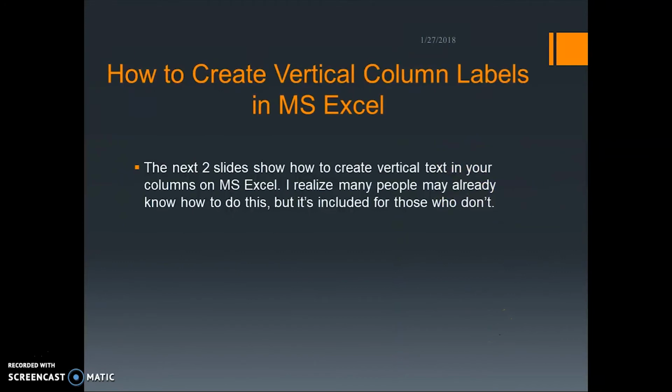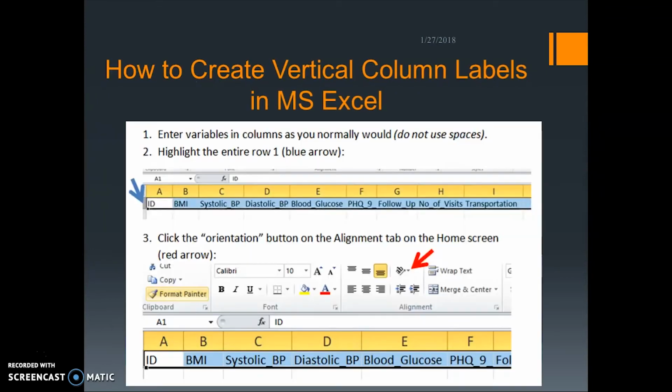Now, just a couple slides on how to create vertical column labels in Excel. I know a lot of you guys have advanced Excel skills, but for the people that aren't aware, this is just a quick way to make it look good. So what you're going to do is enter all your variables in the first row like you normally would on Excel. You'll note there's no spaces. I use underscore between words.